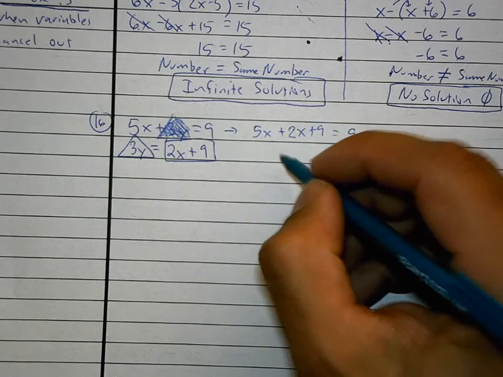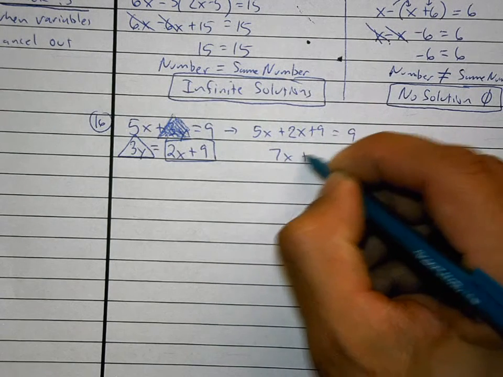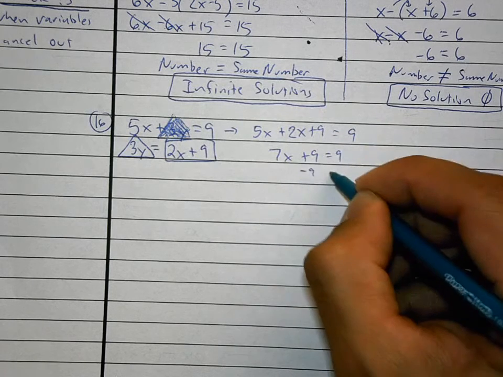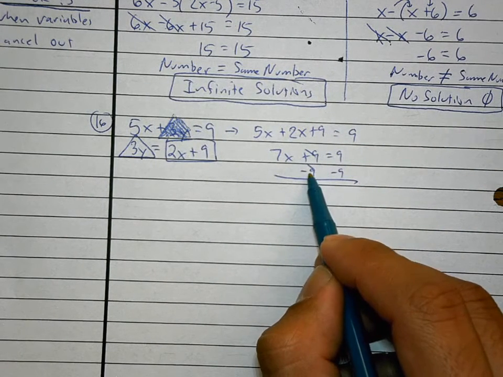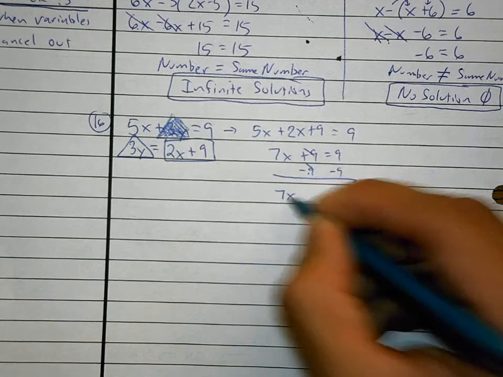Do not be afraid of this. 7x plus 9 equals 9, minus 9 minus 9.